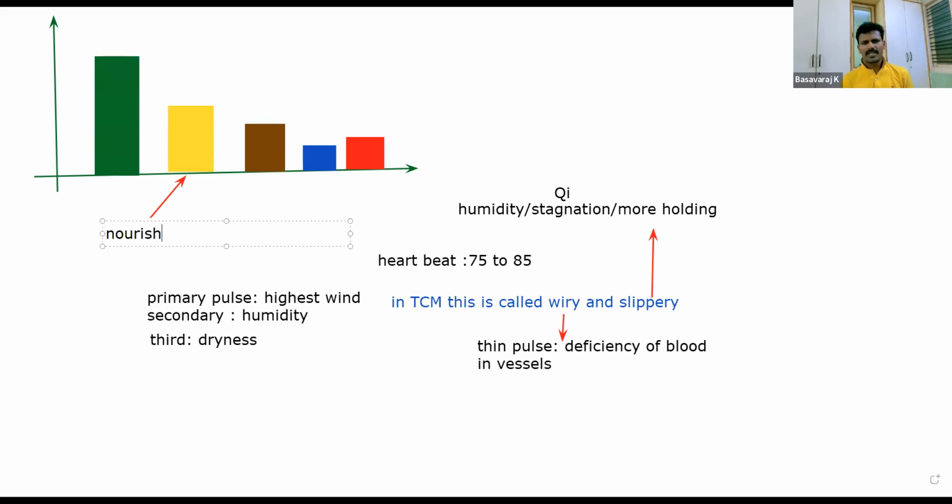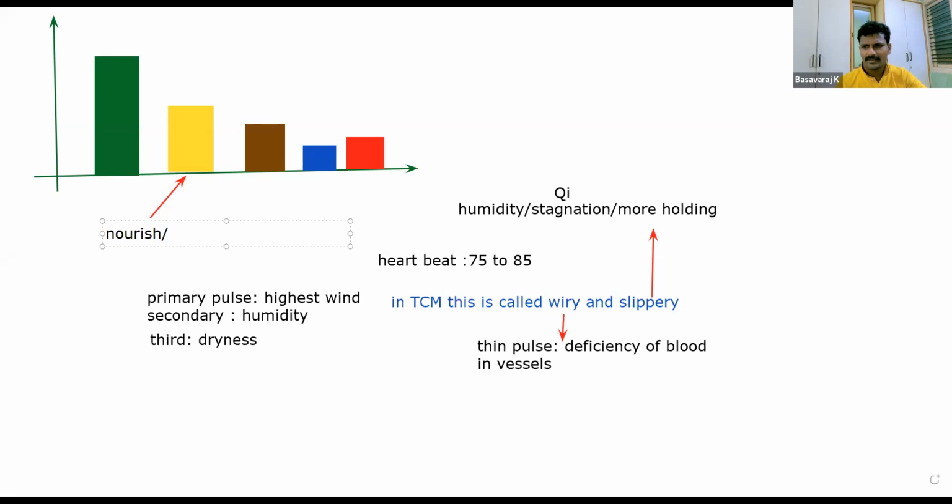If the humidity is there with wind, or with lungs, with heart, or with coldness, the humidity is indicating the lack of nourishment. Here, humidity is there with whom? With the liver. So obviously your liver nourishment will be very less.